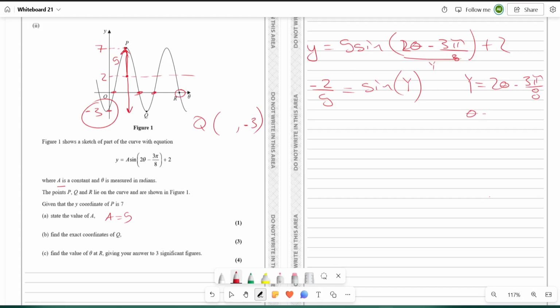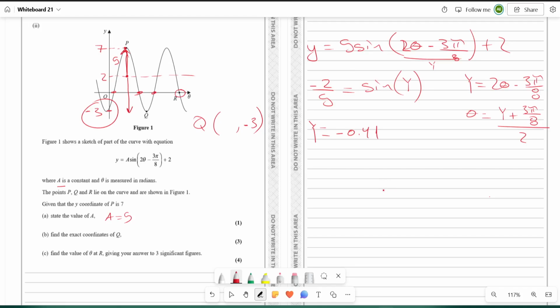So theta is equal to (y plus 3 pi over 8) all over 2. Now the first answer for y is going to equal shift sine of negative 2 over 5. We need to change it to radians. That's going to give me a principal answer of negative 0.41.